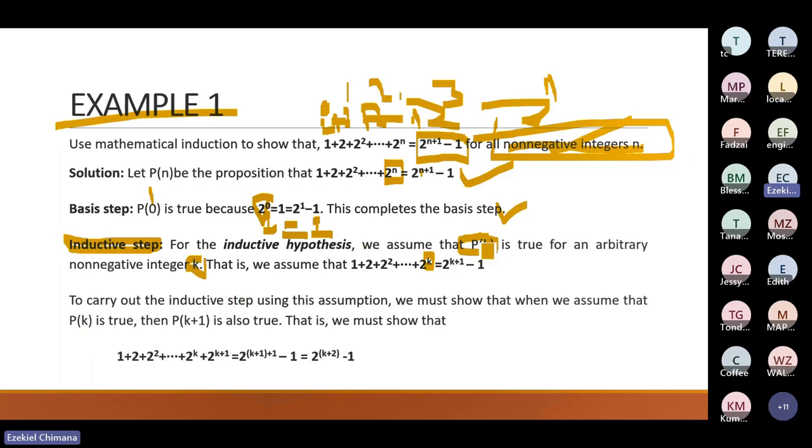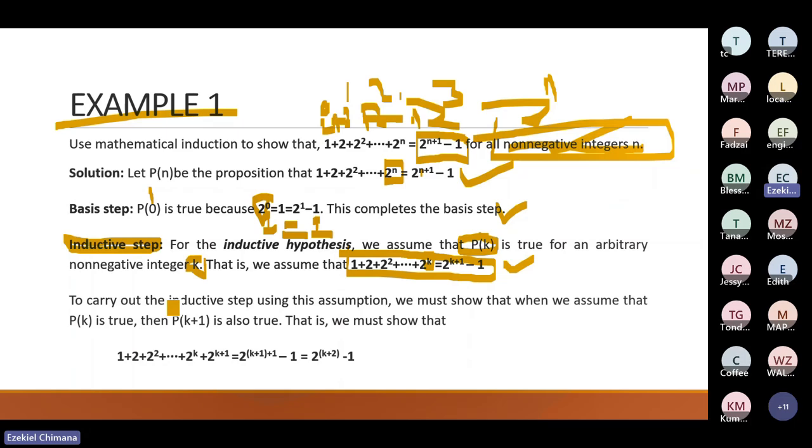That's P of k. And then here we've got n plus 1, it will be k plus 1. You put a k for n there. So you are saying this one must also be true. This is our P of k, that's the inductive hypothesis. So if this one is true, then P of k plus 1 must also be true.